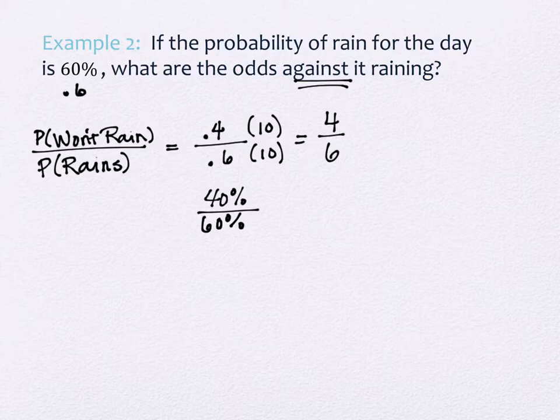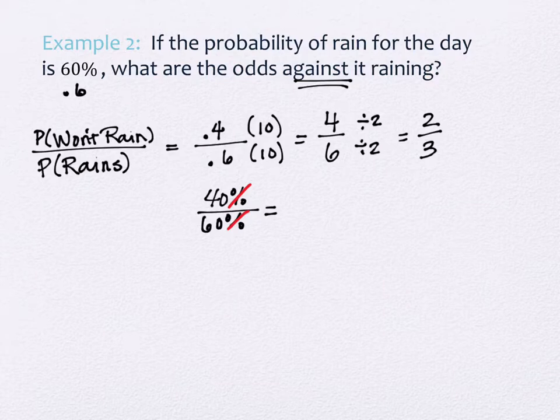And then what can we do? Yep. So we can divide top and bottom by 2, which will simplify it to 2 to 3. Okay, so if we're thinking about it from a decimal perspective, that's how that work would look. If you're doing it right here, the 40% and the 60%, in a very real way, the percents cancel.